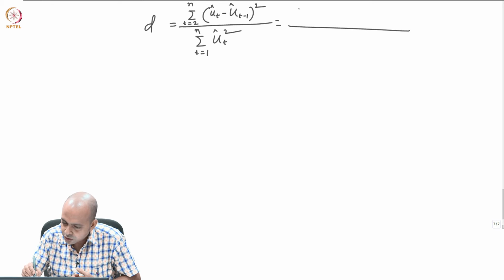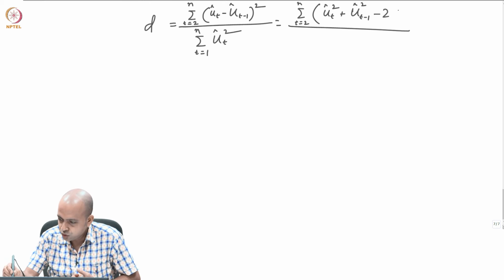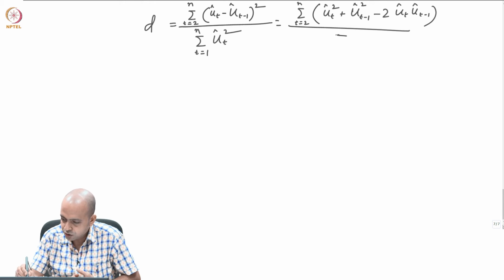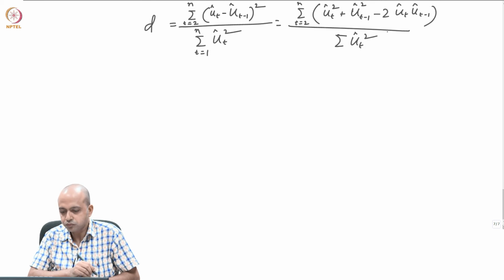You will get summation t running from 2 to n of ut hat square plus ut minus 1 hat square minus 2 into ut hat into ut minus 1 hat, divided by summation ut hat square.